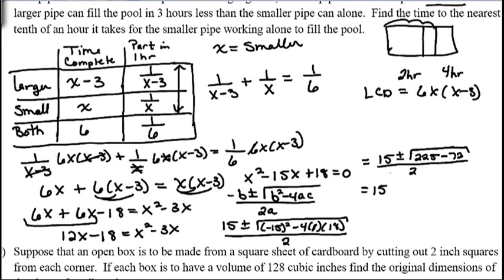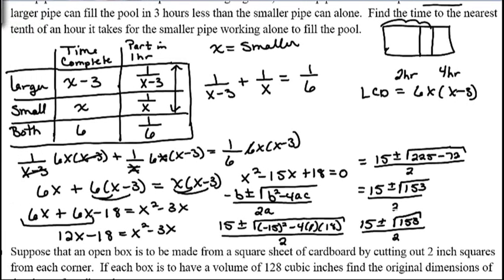So that's 15 plus or minus, we have 225 minus 72. So that's going to be the square root of 153, all over 2. So these are our two solutions.